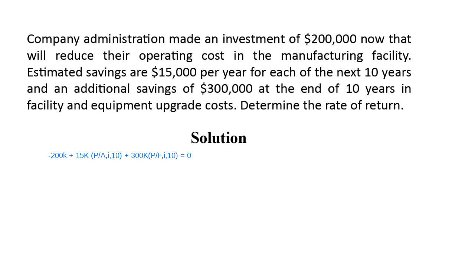For the 12, we will have the minus 200K plus 15K times P given A for 10 years. P given A for 10 years will be 5.65. Okay. And then we use the 300K times P given F, 0.322.